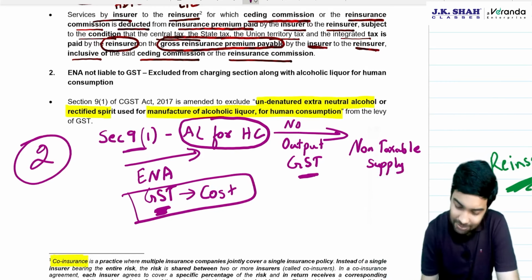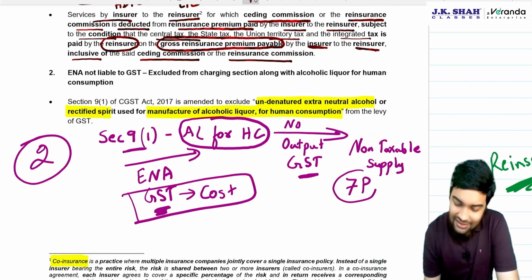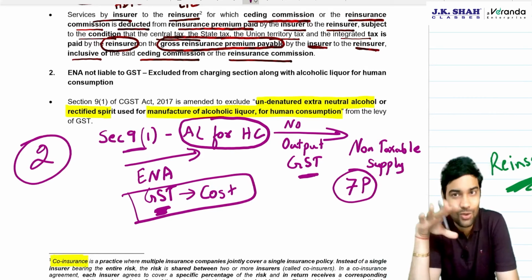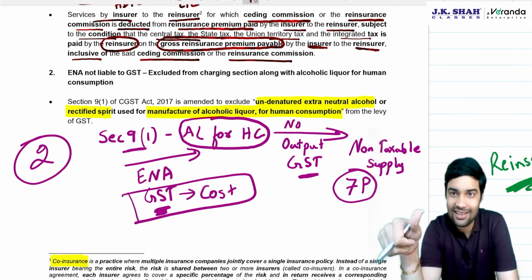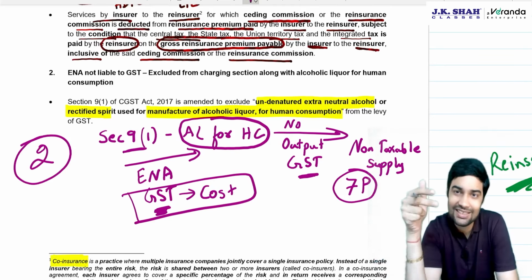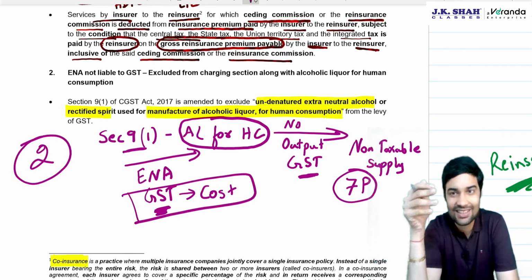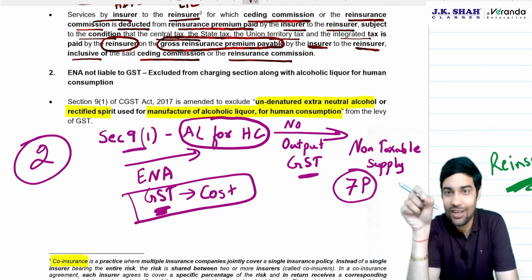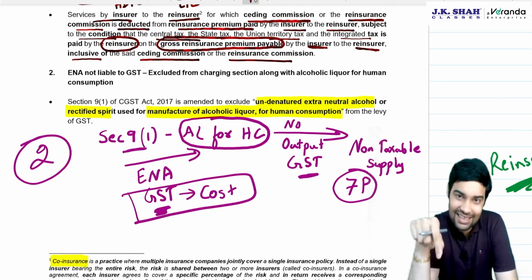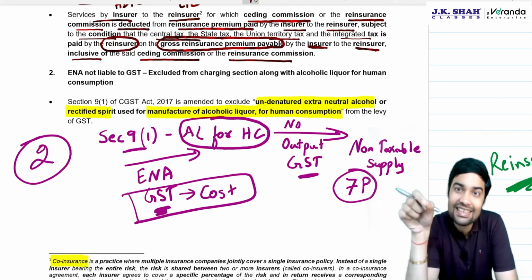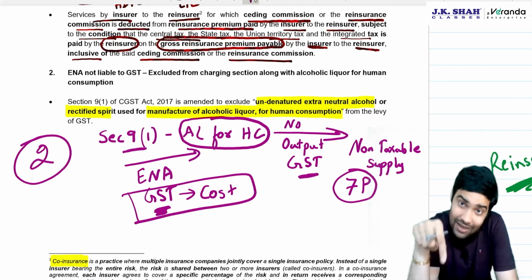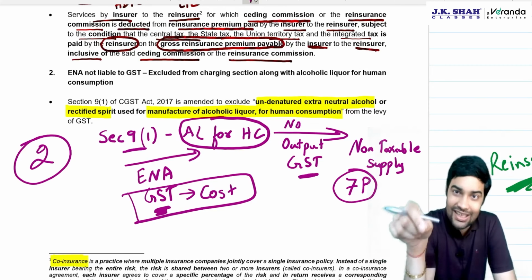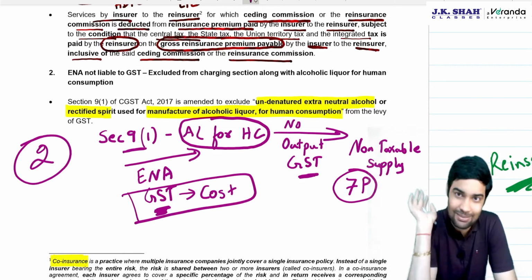Now non-taxable supply has 7. 5 you already know: petrol, high-speed diesel, natural gas, aviation turbine fuel, crude oil. Now you have 2: alcoholic liquor for human consumption, and second one is undenatured ENA or rectified spirit for manufacture of alcoholic liquor for human consumption.